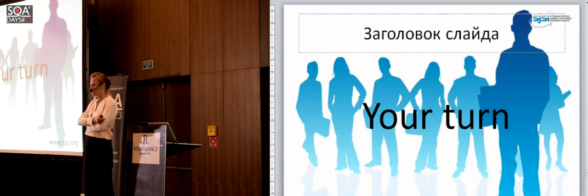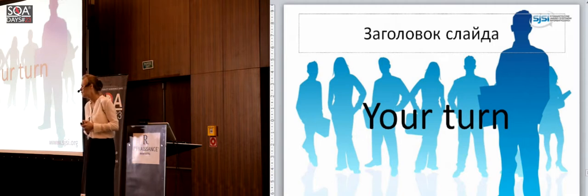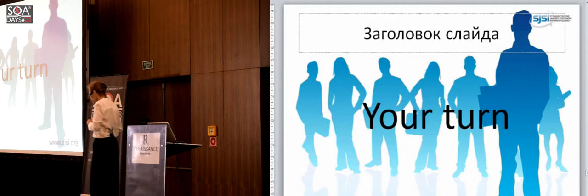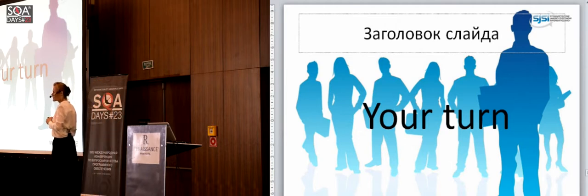Okay. I would like to ask you to create a kind of small groups. In each group, at least one person should have the exercises printed. So if you could please just join other people with this paper, it will allow you to make this exercise.